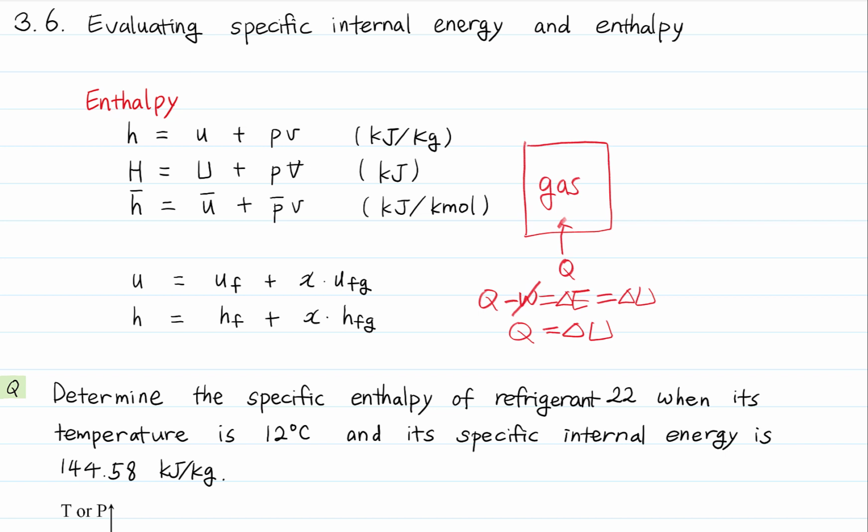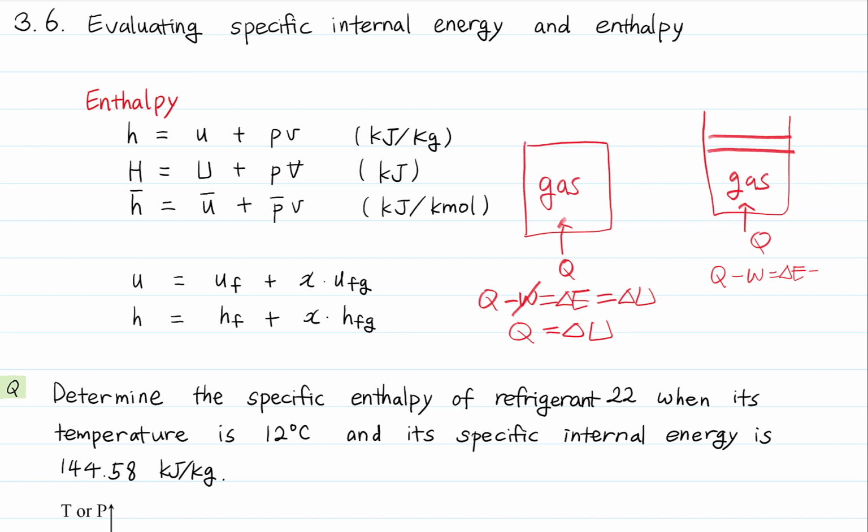Now consider a piston cylinder device. The gas is in the cylinder. The piston is free to move and weightless, and heat is transferred to the system. Take the energy balance for the system. Again, we assume that there is no kinetic energy change, no potential energy change of the system.